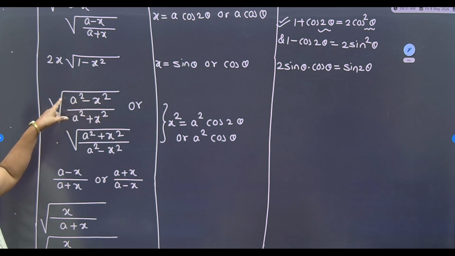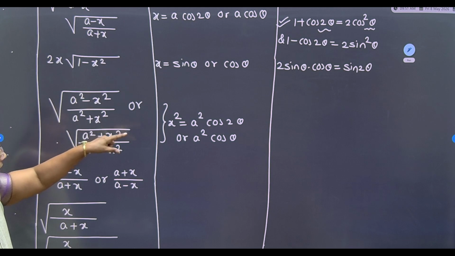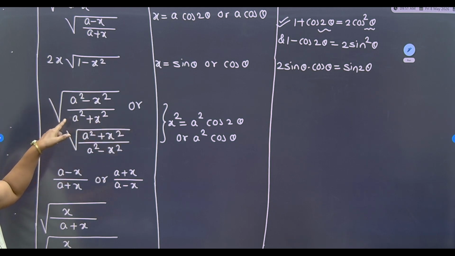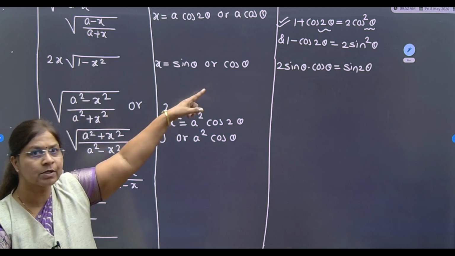Then taking a square common, in the numerator a square and in the denominator a square cancel, and we get 1 minus cos 2 theta and 1 plus cos 2 theta, using the results.